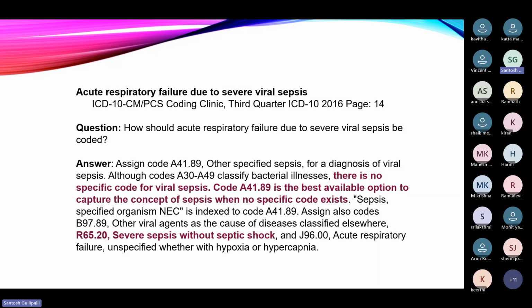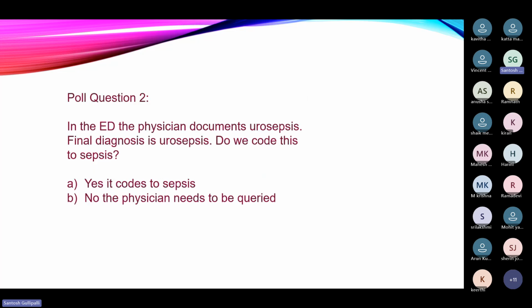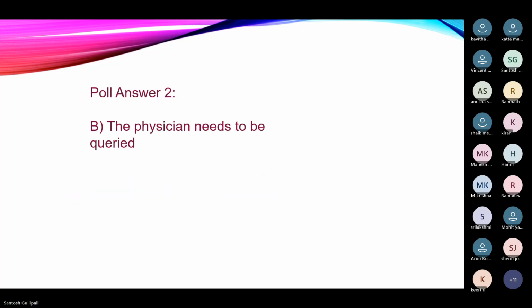And acute respiratory failure due to severe viral sepsis. That time 4 codes are required. I will tell you in tomorrow's class. And sepsis and post-procedural sepsis.